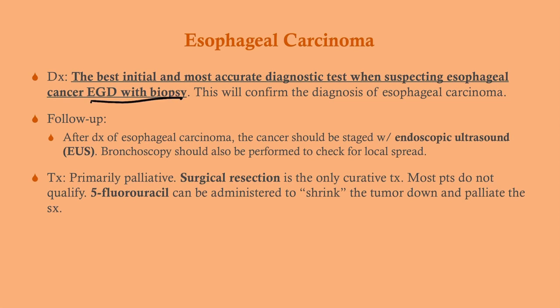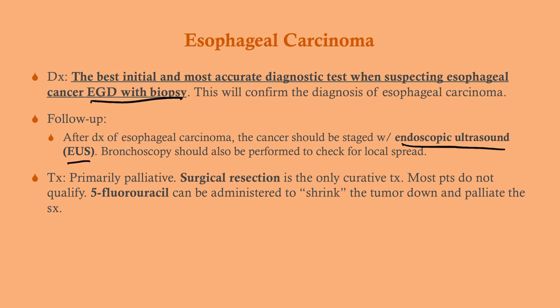And so you're going to be getting things like a chest CT and maybe a PET scan. But the important thing is to get an endoscopic ultrasound. And that's going to help you with staging. So it's important to know that and that goes for any cancer, once you make a diagnosis of cancer, you need to stage. The treatment for esophageal cancer is typically palliative.